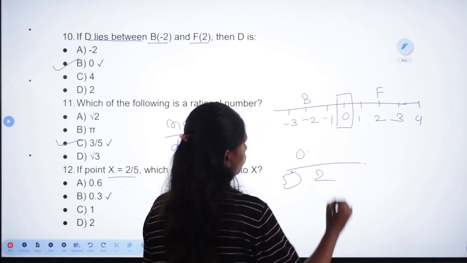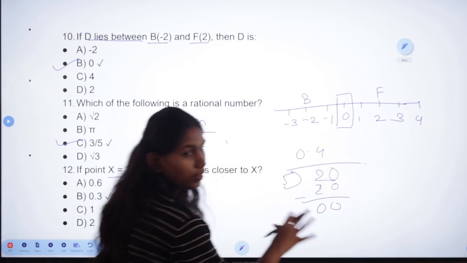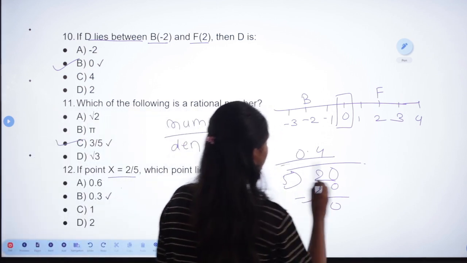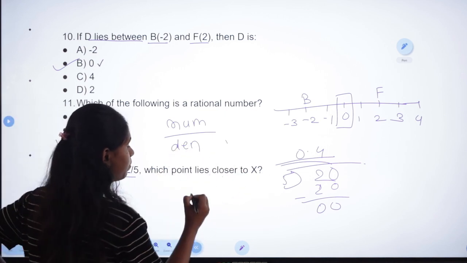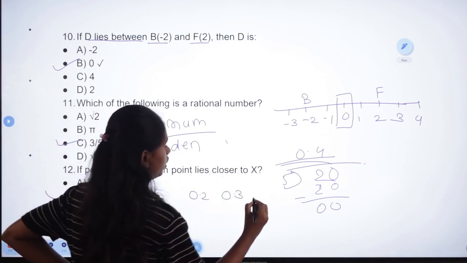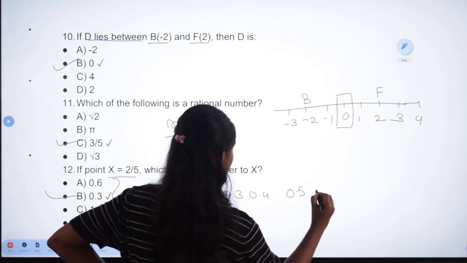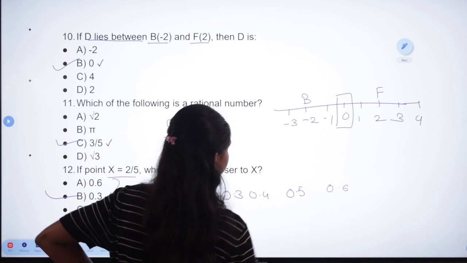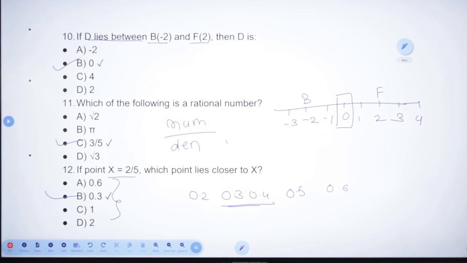Then 0, we will put 0 and then 4. 5 4s are 20. Now the number you got, that is 0.4. Now to which number 0.4 is closer? That is 0.3. Why? Because 0.2, 0.3, 0.4, 0.5, 0.6. Okay. Now which number is closer? That is 0.3. So 0.3 will be your answer.